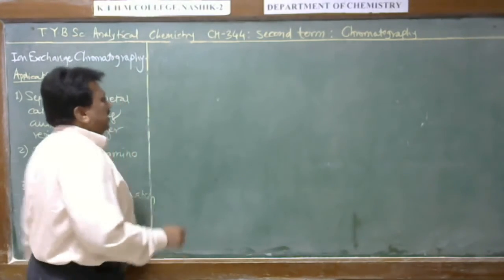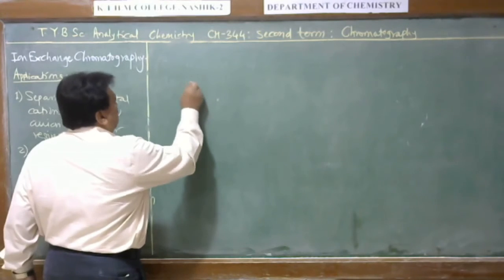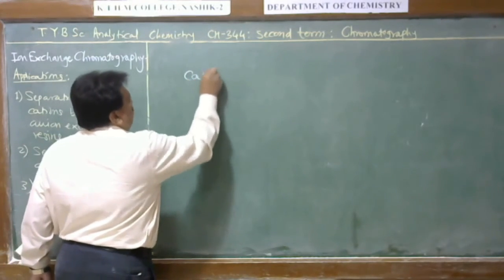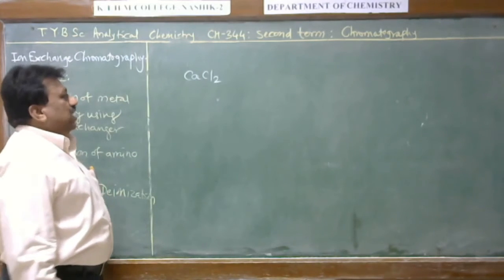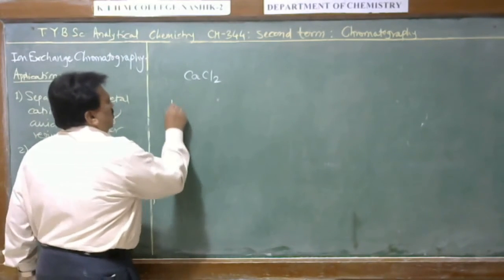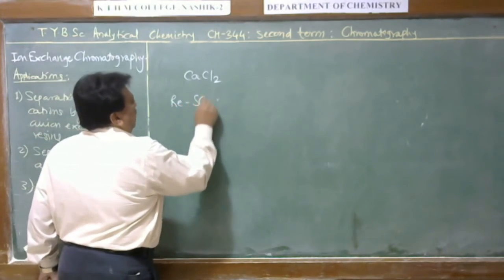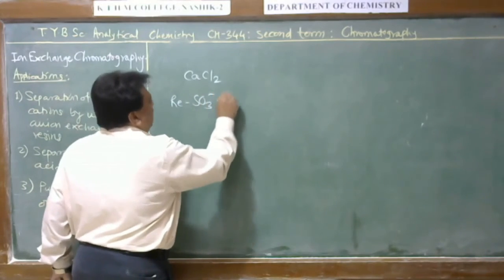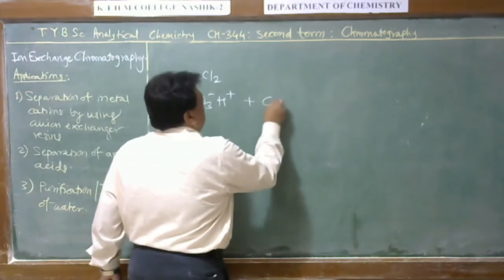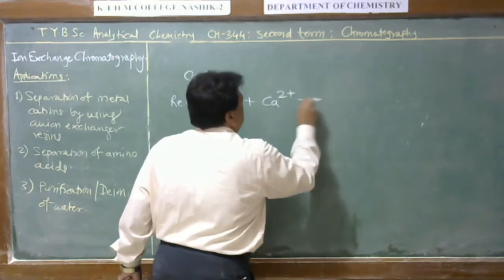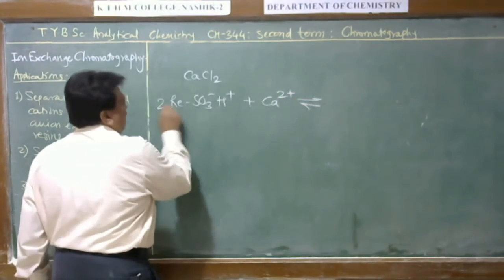Suppose, for example, we have water containing calcium chloride as a dissolved salt. Initially we have to pass that water through a strong acid cation exchanger resin in H plus ion form, where calcium ions are exchanged.